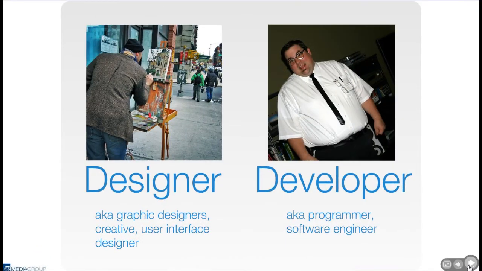So first, let's go into what is a designer and what is a developer. Now, I've gone ahead and played into the stereotype here with these photos, but this is how people think of designers and developers. Designers are also referred to as graphic designers, the creative people, user interface designers, GUI designers, or graphical user interface. And the developers are thought of more as the programmers or software engineers.